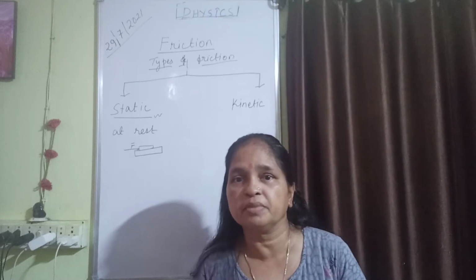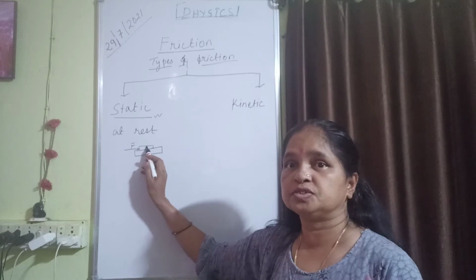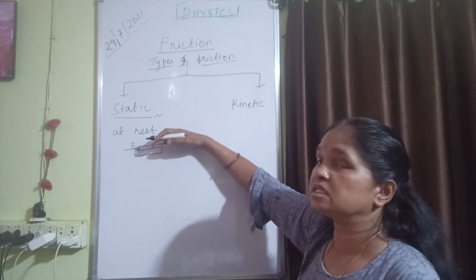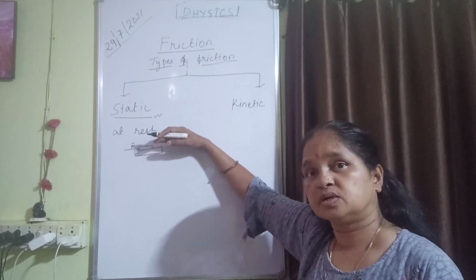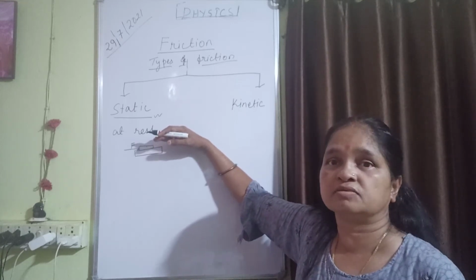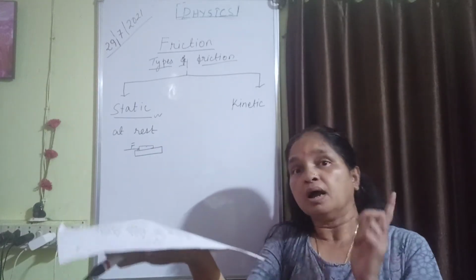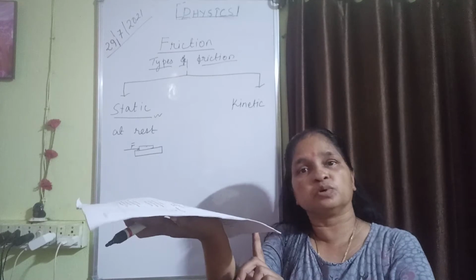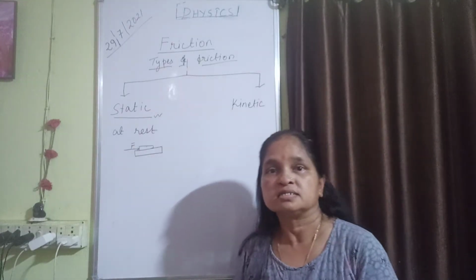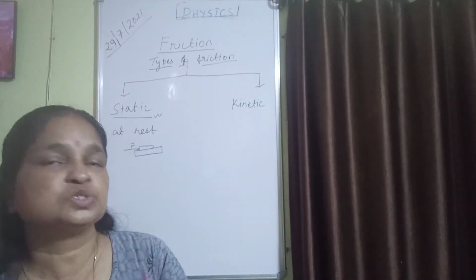Once again I am reminding you, when force is applied on the object and the object does not move on another surface, does not slide or roll on another surface, that means it will remain at rest after application of force also, then that type of friction is known as static friction. So I hope you have understood.